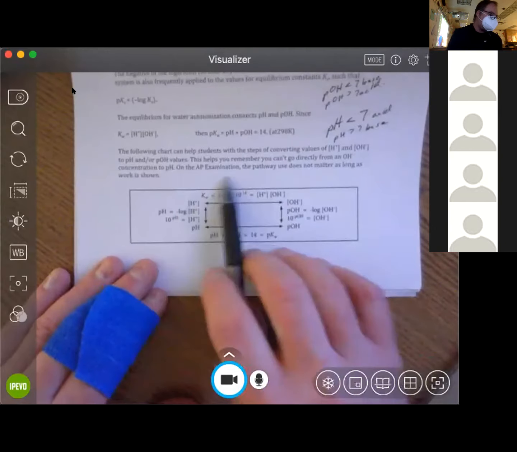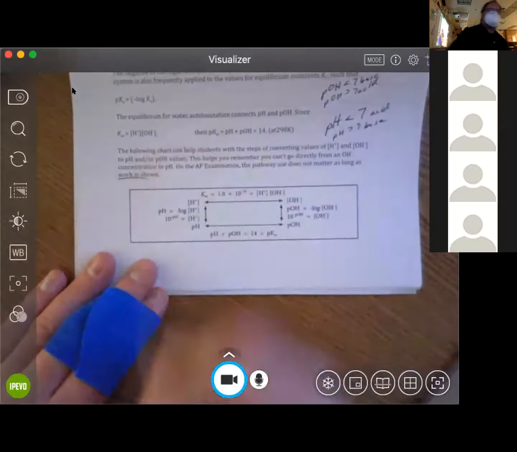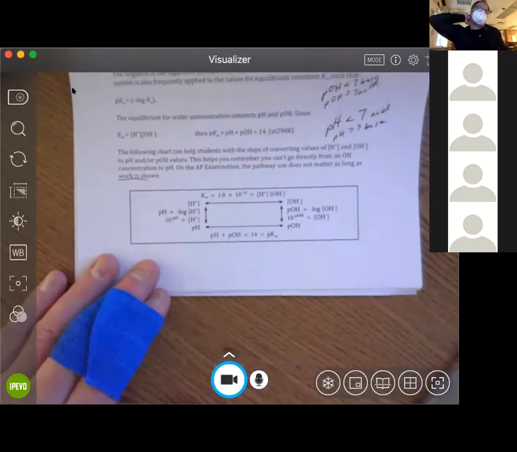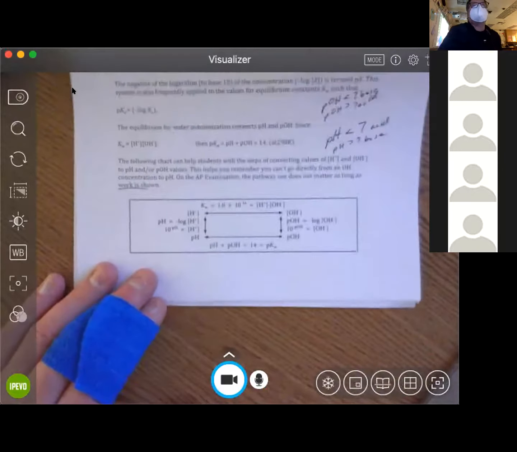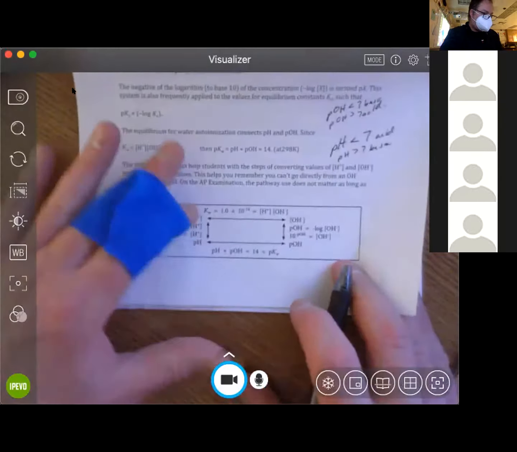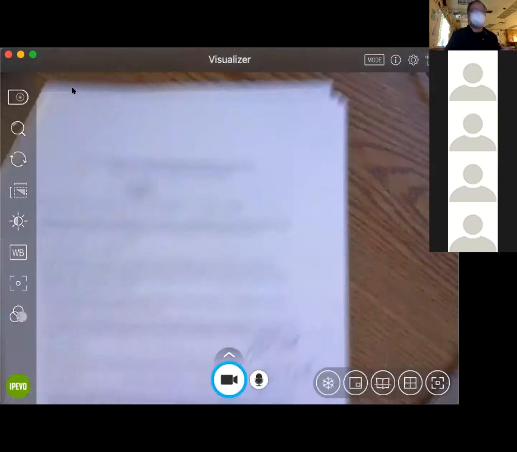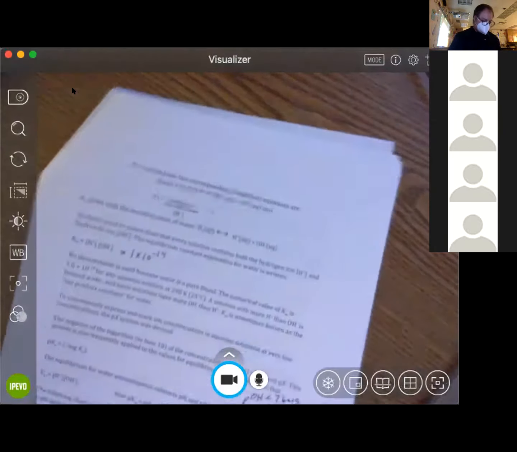As it says on the AP examination, you guys need to make sure you show more of your work, because it doesn't matter which way you go as long as your work is shown. If I wanted to get here and I'm over here, I can either go this way or this way. Yeah, makes sense because that's the way it is.